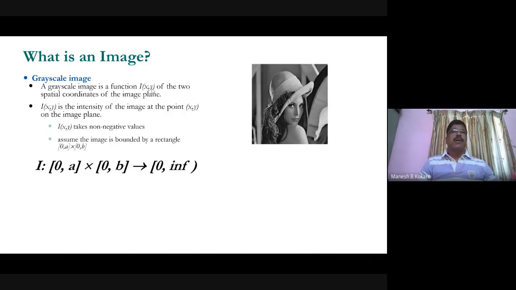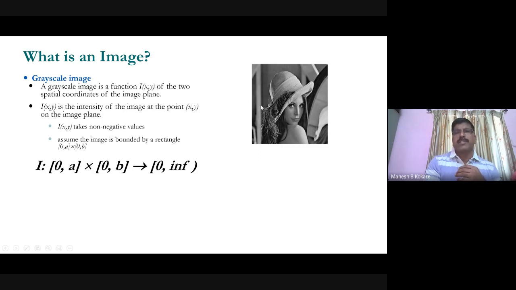Now, you know that there are three types of images: one is the binary image, another one is the grayscale image, and the third one is the color image. We'll see one by one how these images are there in the computer vision system. So I of x y is the intensity of the image at the point x and y. For example, this is the x axis and this is the y axis.